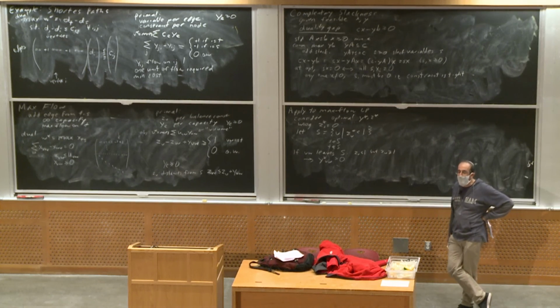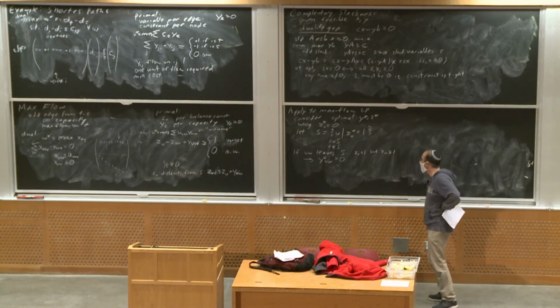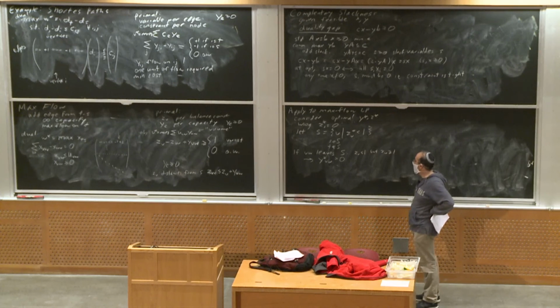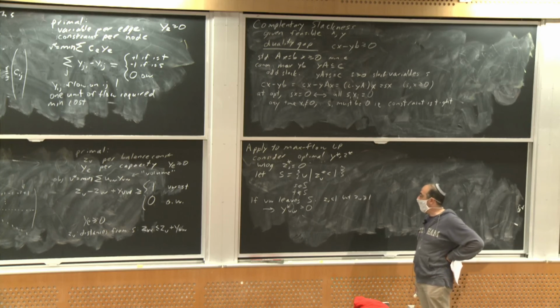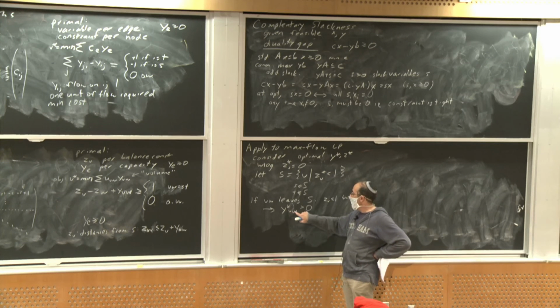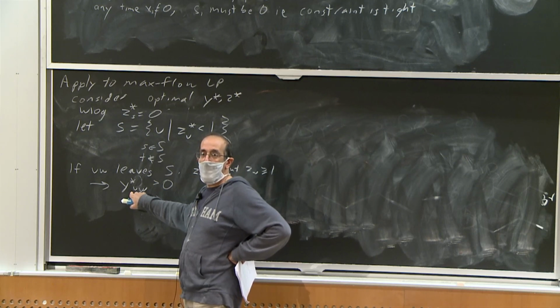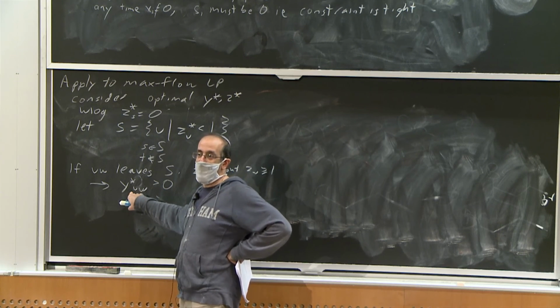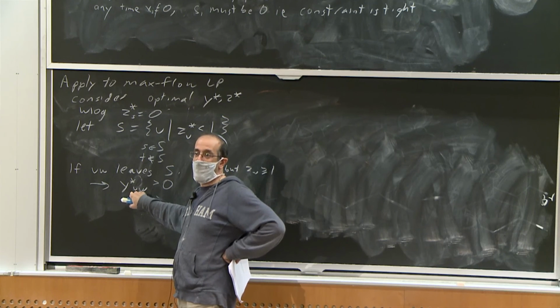If you have a non-zero variable, then the corresponding constraint is tight.